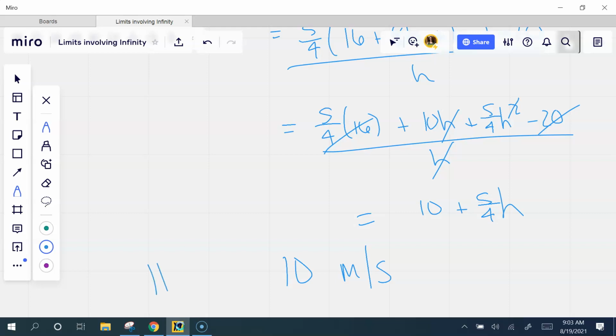I would just say the instantaneous rate of change when t equals 4 is 10 meters per second.